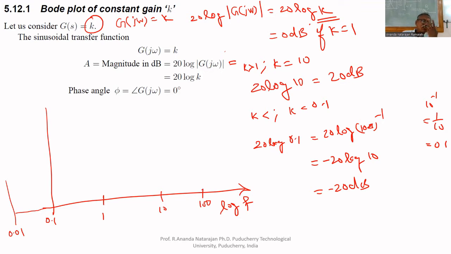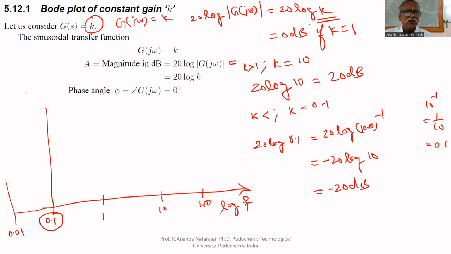That's why there is no x-axis value 0. So 0.01, 0.001, like that it will go. Usually we start with 0.1. In special cases, we start with 0.01 or 0.001. Usually we start with 0.1, 1, 10, 100, like that.